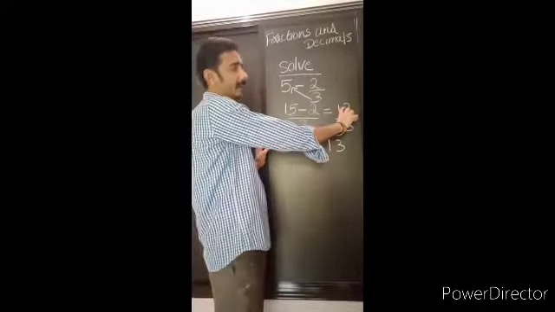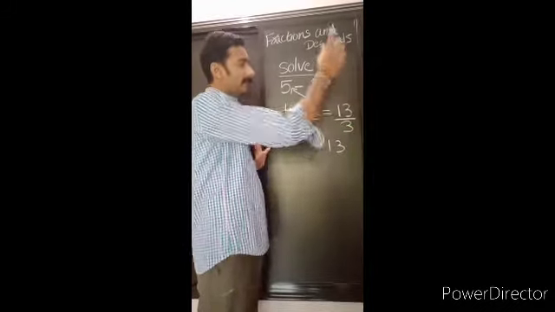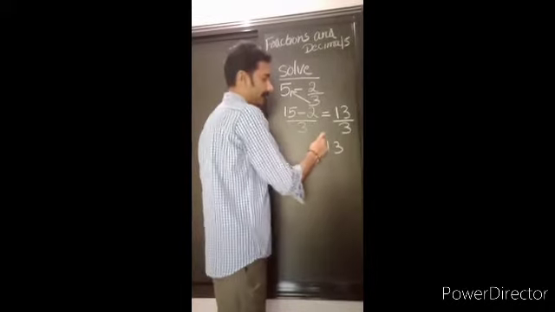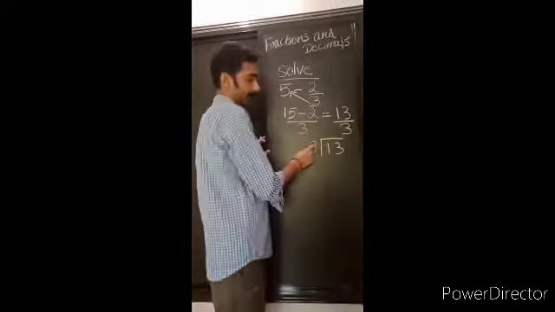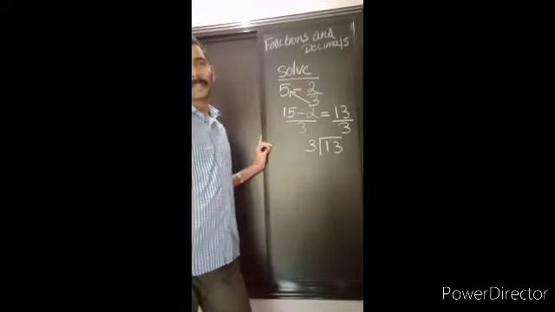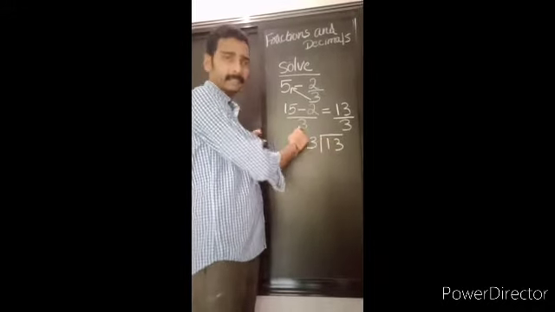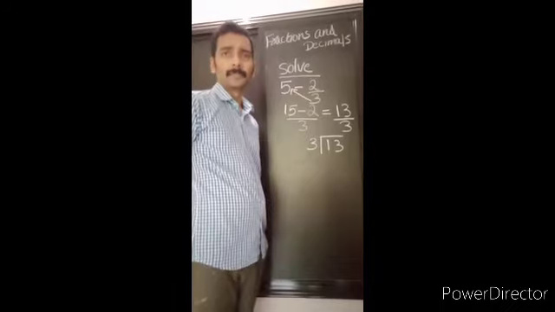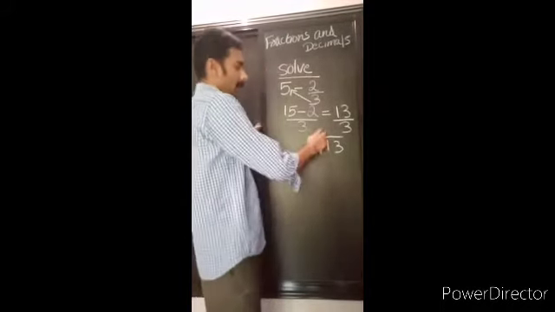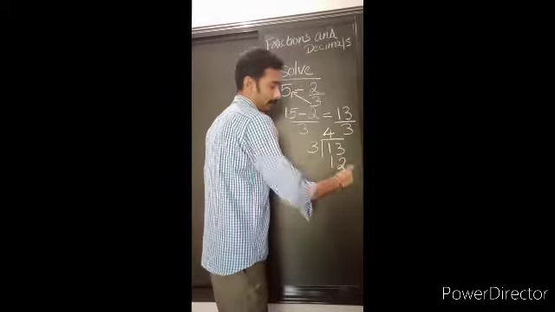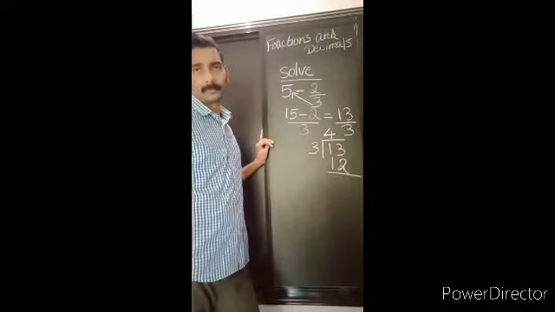Then we convert it into a mixed fraction. That means 13 divided by 3. How many times does 3 go into 13? 4 times 3 is 12, that is possible.